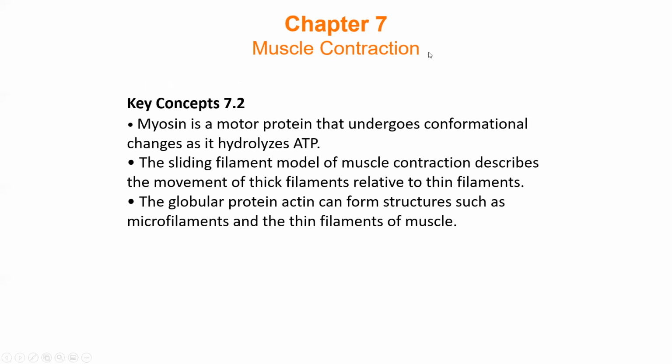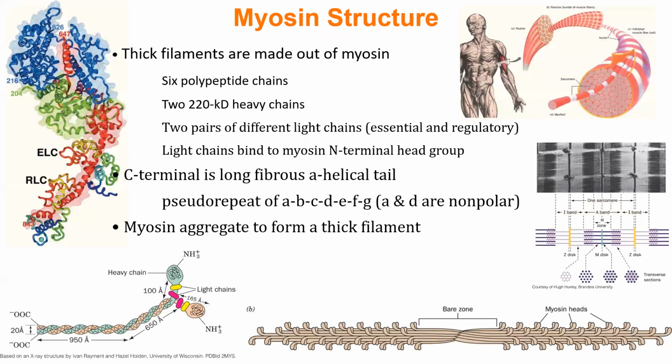But let's get into how your muscles work on a biochemical basis. And when talking about muscles, there are a lot of different structural details we can look at. Those of you who took A&P probably learned about the basic unit of the muscle, how it's made out of these repeating sarcomere units. And these sarcomeres have different bands, the I band, the A band, the H zone.